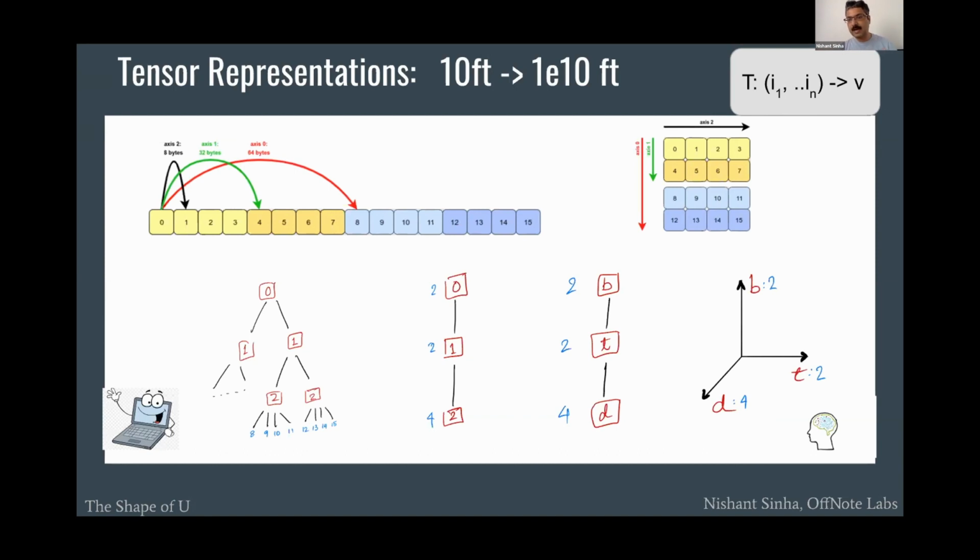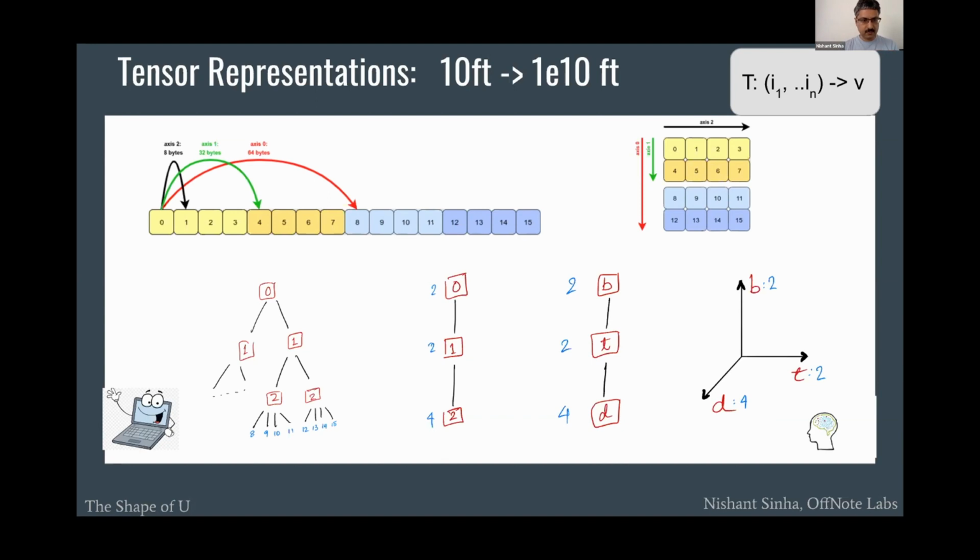B is, for example, the batch size, the number of images you have that you're throwing to processing, or the number of sentences. T is the length of the sentence if you're doing NLP, and D is the dimension of each word, the embedding. So you think of these programs in terms of B, T, D, and how this box-like structure goes through the program.